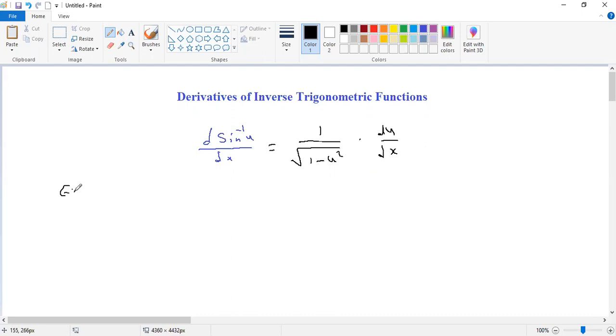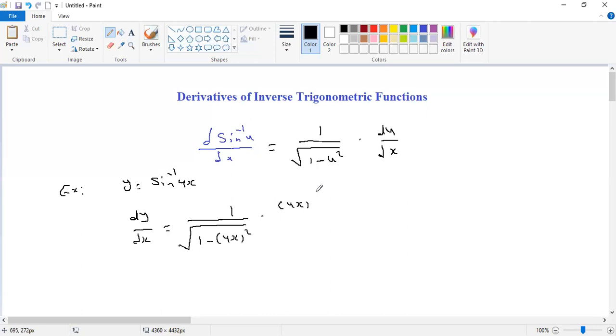Example number 1. To find the derivative, we have y equal to sine inverse of 4x. So the derivative dy/dx is equal to 1 over the square root of 1 minus (4x) squared, multiplied by the derivative of 4x.